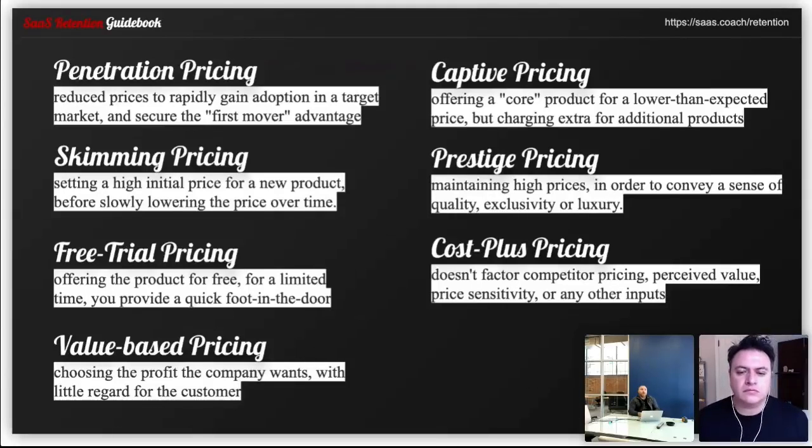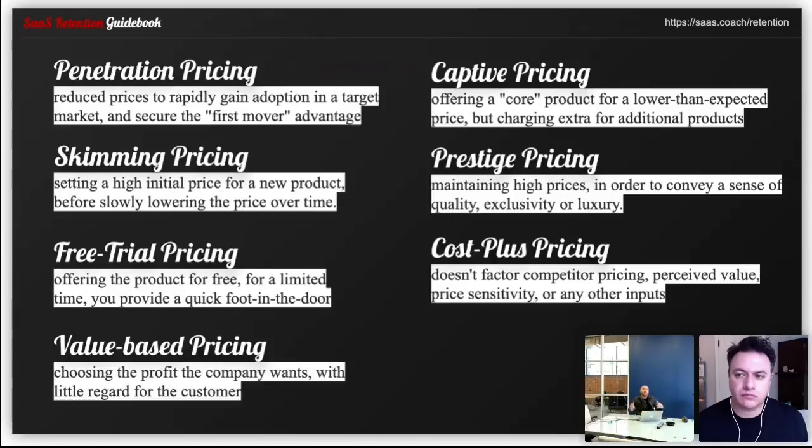The first, penetration pricing, where the strategy is how do you, in the beginning, create reduced prices to rapidly gain adoption in a new market, maybe secure a first mover advantage.